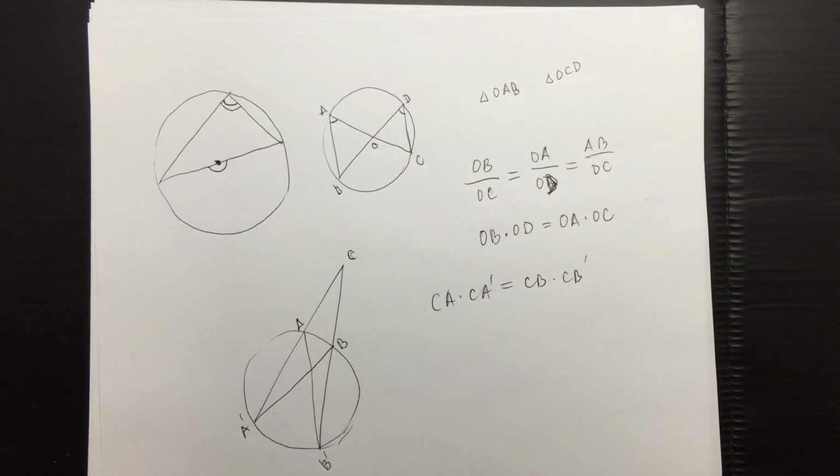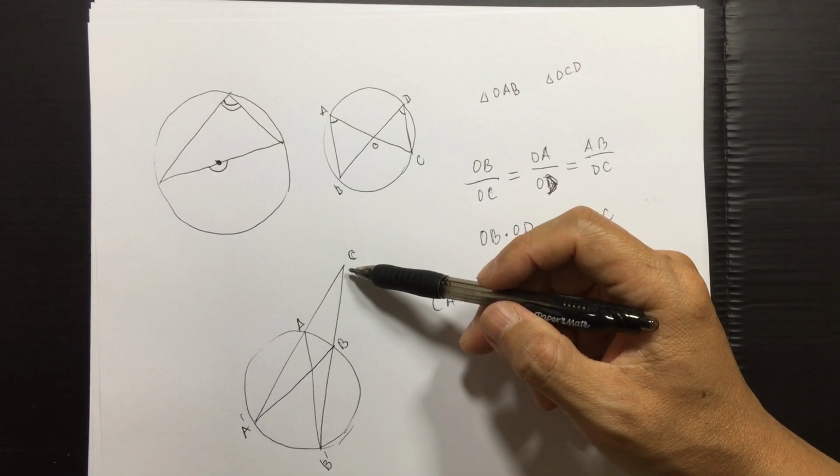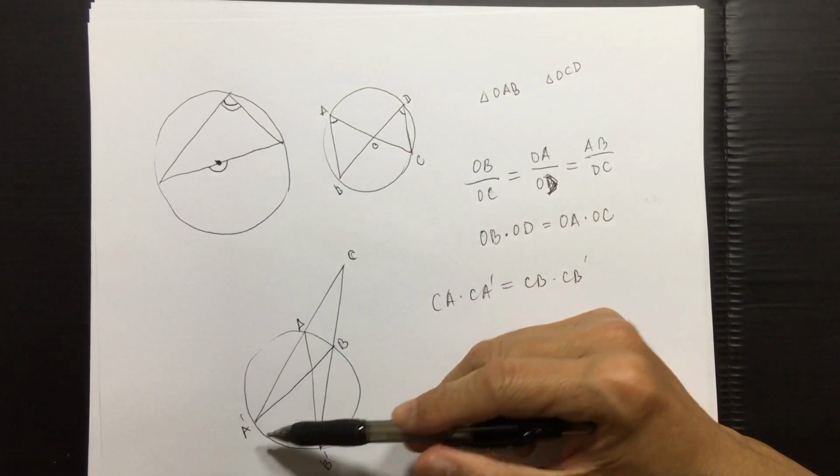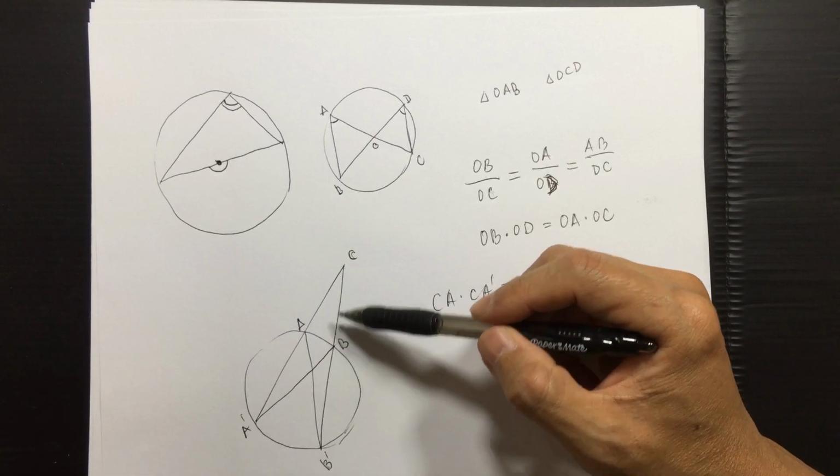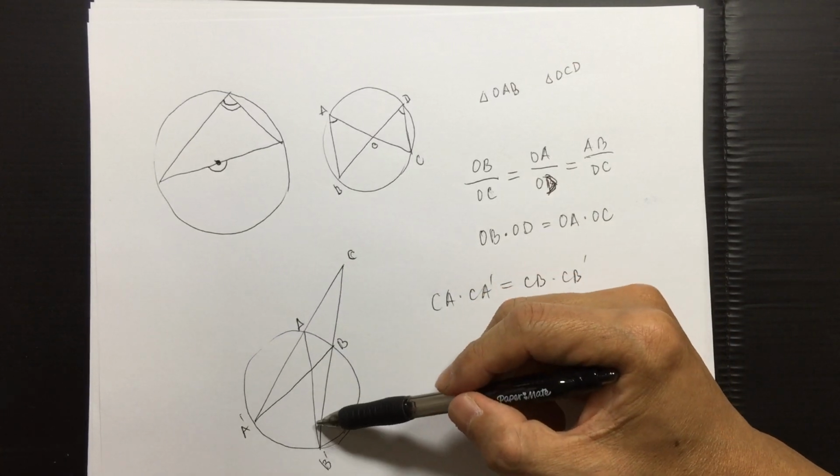Can you point out the two triangles that are similar here? CA prime B and CAB prime, right, because this angle is the same.